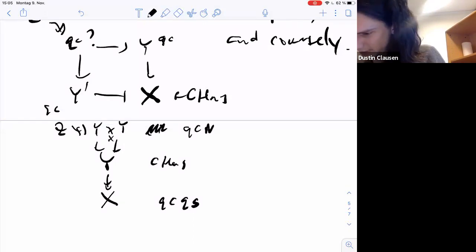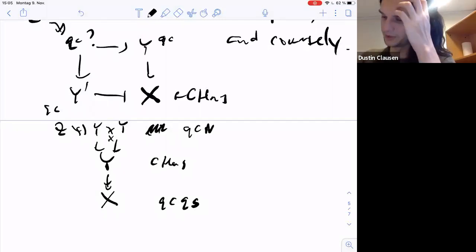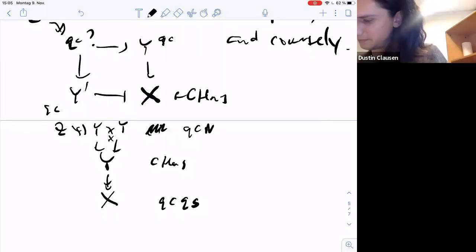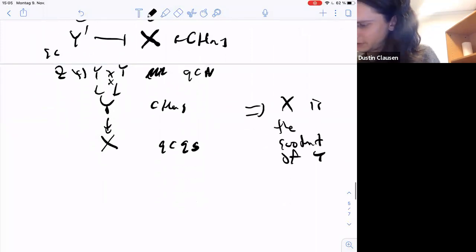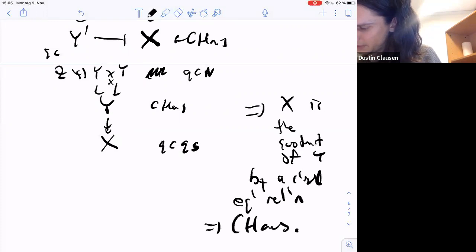Wait a second. This should all be just formal topos theory stuff. Anyway, this will tell you that X is the quotient of Y by a closed equivalence relation, which means it's a compact Hausdorff space.